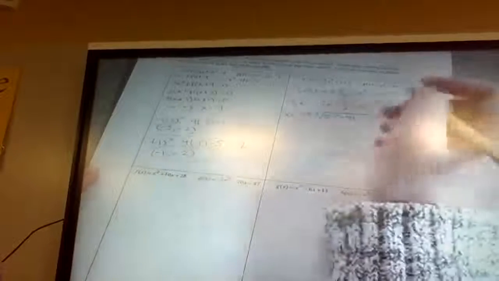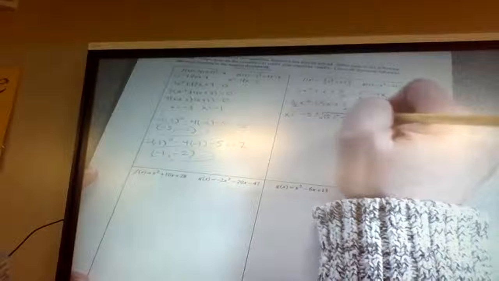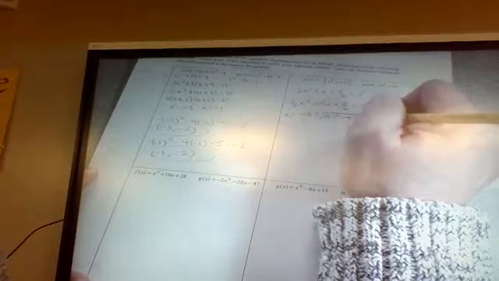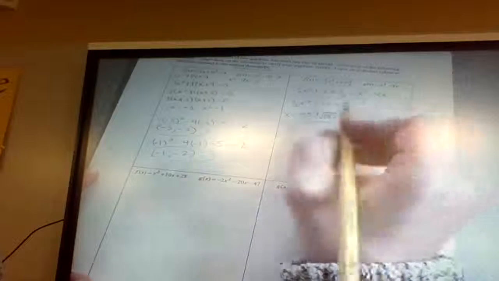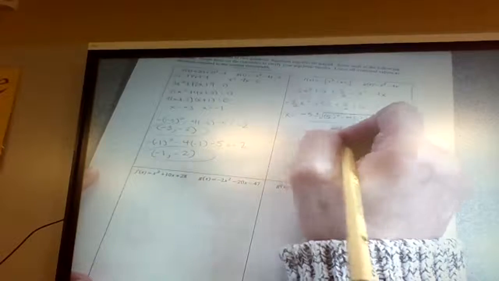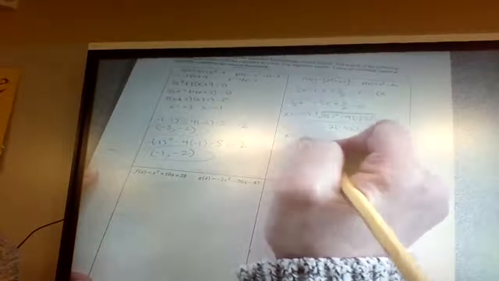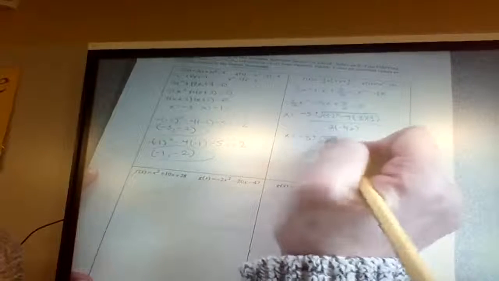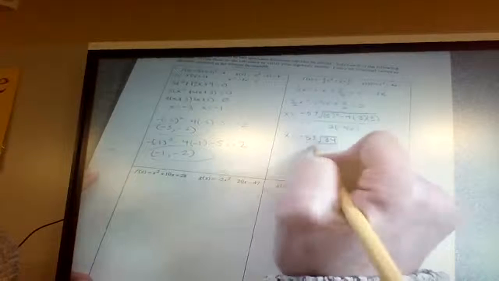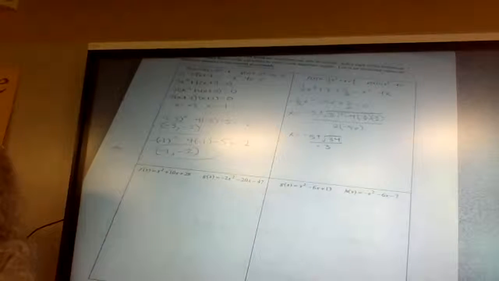If you got 0, you definitely got the wrong answer. Then you make it squared. I don't know what I did. Is that right? Square root of 34. Yeah. Your discriminant is 34. So that's where you get right there, right? Yeah.